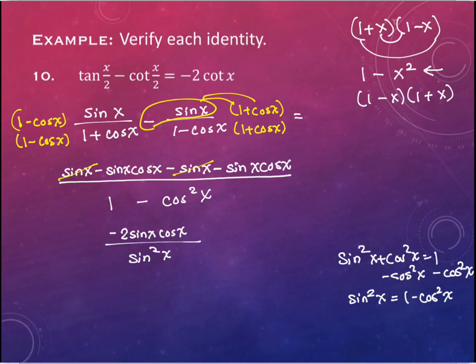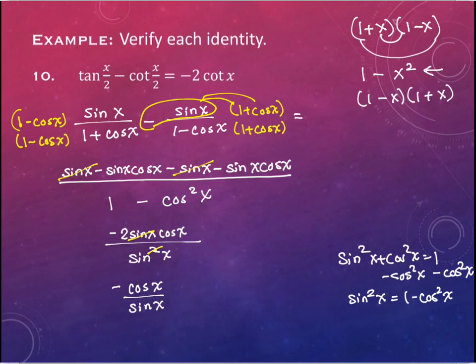So what do you notice? Compare top to bottom. What can simplify? The sine x on top will simplify with one of the sines on the bottom. So what I'm left with is a negative on top, a cosine of x on top, and then a sine of x on the bottom.